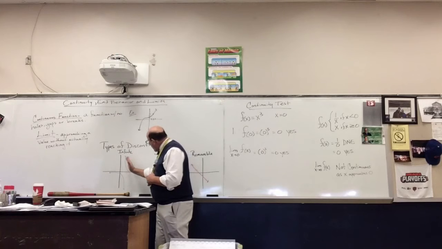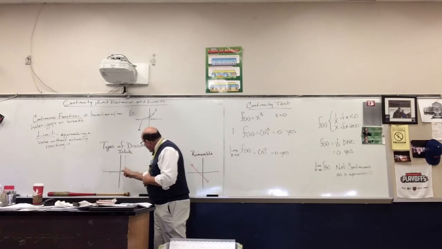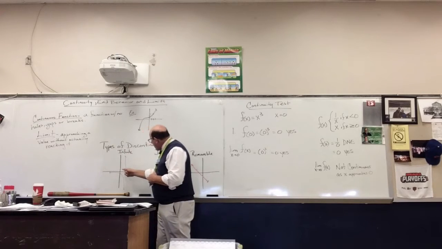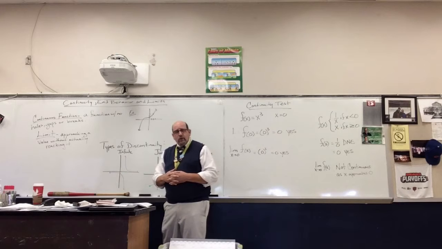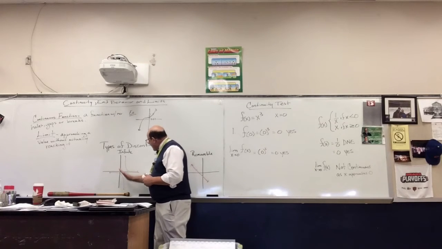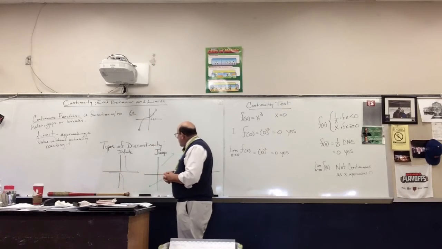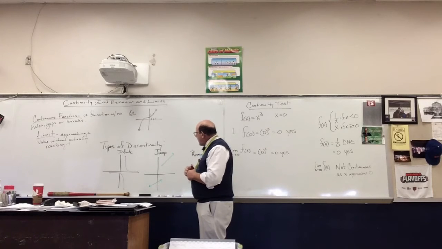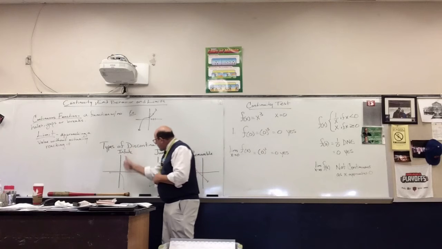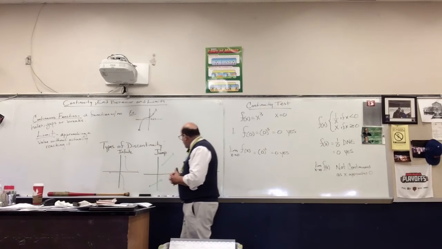It never quite reaches that point there, and I'm going to say it's about positive 2 on the x-axis. It never quite reaches that 2. So there must be something in the way of making it get to that point, right? So there's some discontinuity. There's an asymptote there.